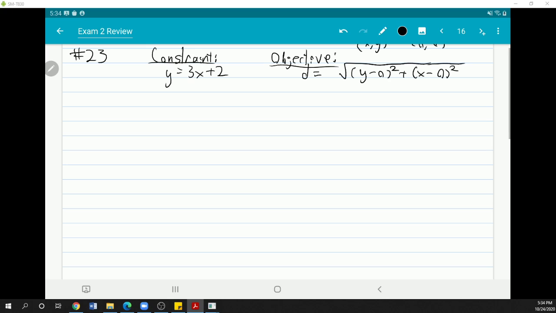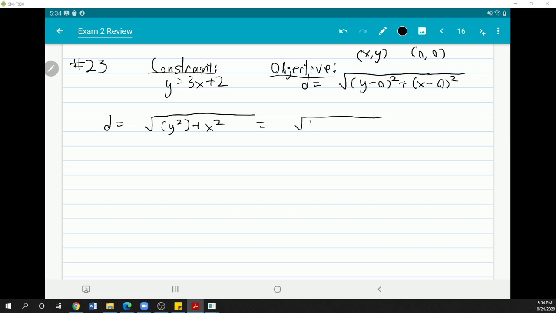So what do I get? I get d is equal to the square root of y squared plus x squared, which equals the square root of (3x plus 2) squared plus x squared. And when I did this in class, I did chain rule, but let's shake it up this time and factor out the function.